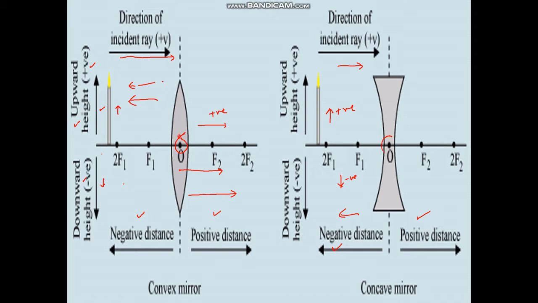And all distances are to be measured from the optical center, either this way or this way. So this is how we apply the sign conventions to the convex and concave lenses.